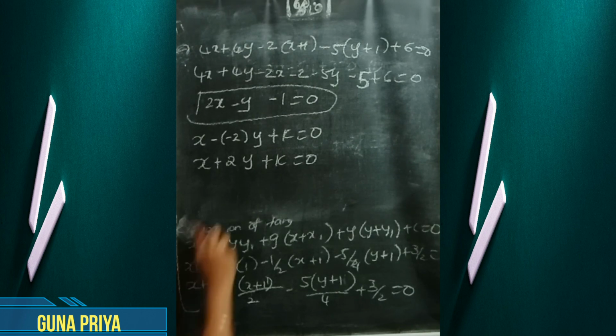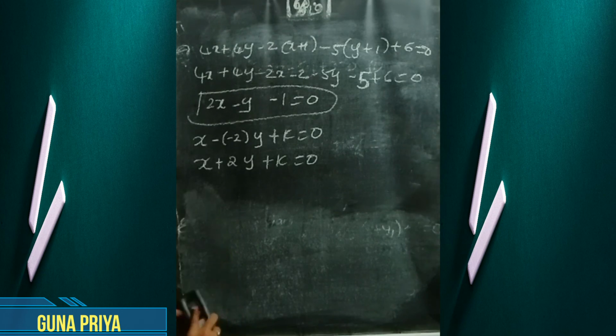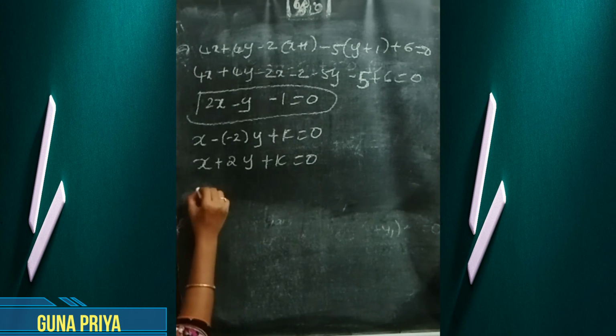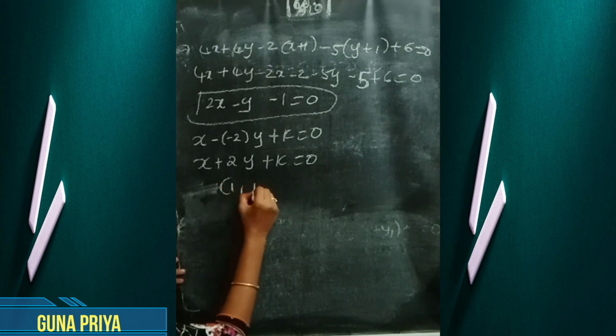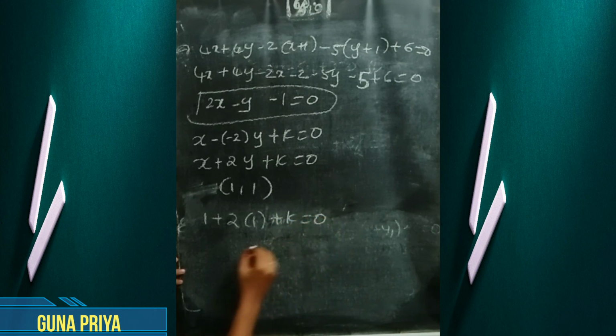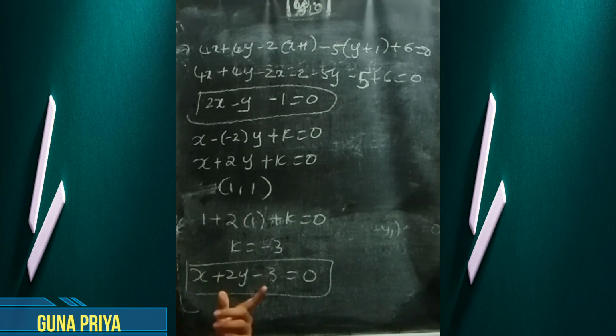Then we have to substitute the point. What's the point? 1 comma 1. So 1 plus 2 into 1 plus k equals to 0. k equals to minus 3. So x plus 2y minus 3 equals to 0. This is the equation of normal. Or you can use that formula, then also you will get the same equation.